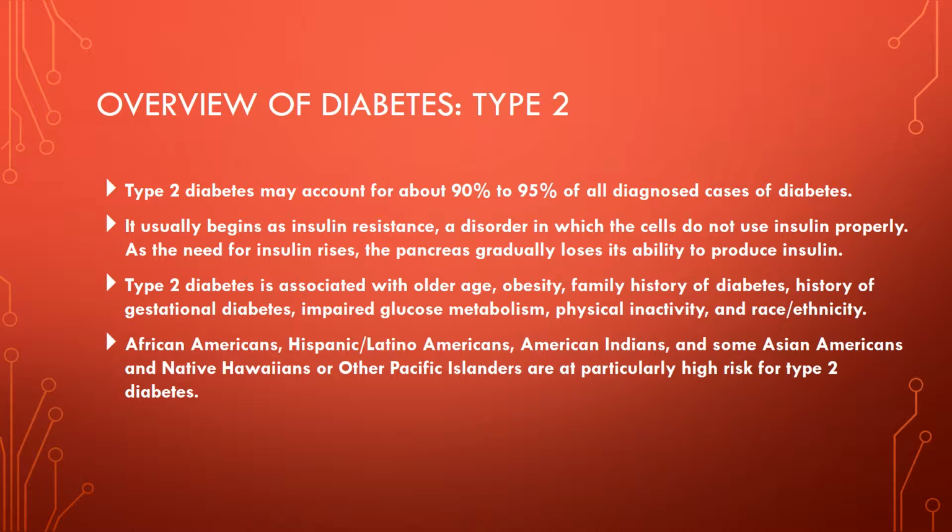There have been studies done on certain tribes within American Indian groups, for instance, the Pima Indians, which are located primarily in Arizona. They have a prevalence rate of 50 to 60%. So more than half of those individuals will develop diabetes in their lifetime.